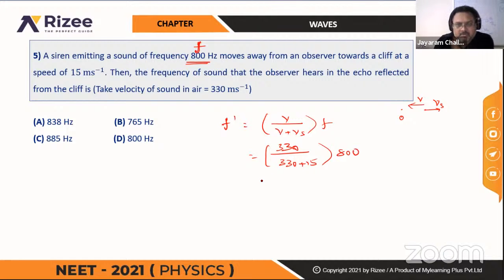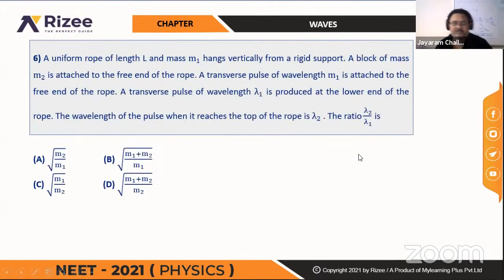This comes out to be 330 by 345 into 800. This value will obviously be less than 1, so your answer should be less than 800. So it will be the most precise one.